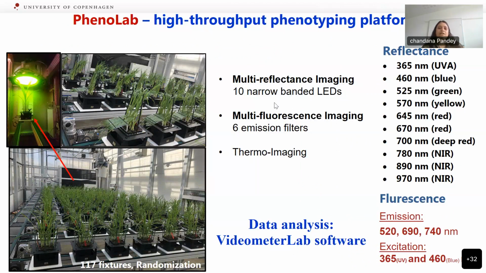So these are the 10 different narrow-band LEDs which we measure for each plant, and we also have different fluorescence filters. For the moment, for my study, I'm using 3 different emission filters together with the UVA and blue excitation range. And once we get the data, we analyze it via the Videometer software.